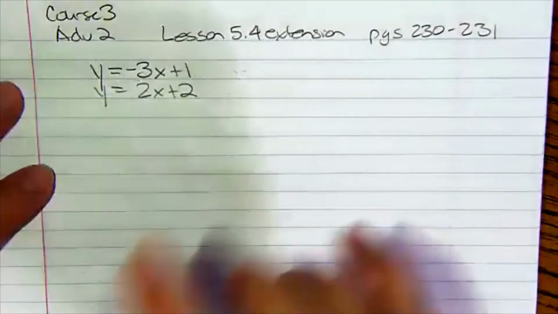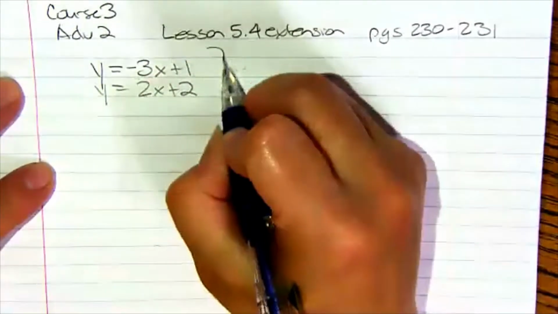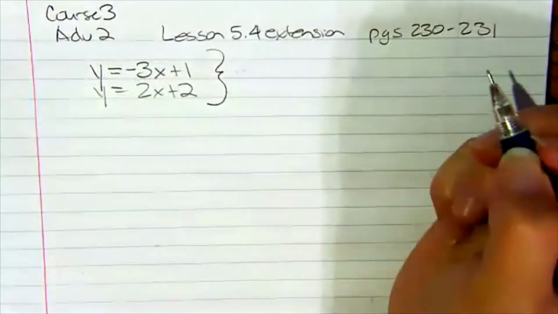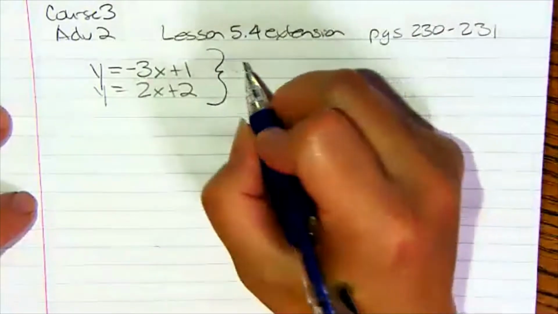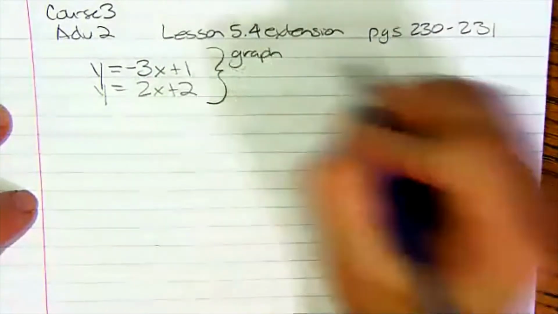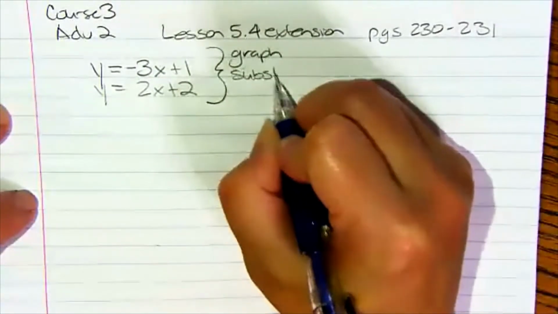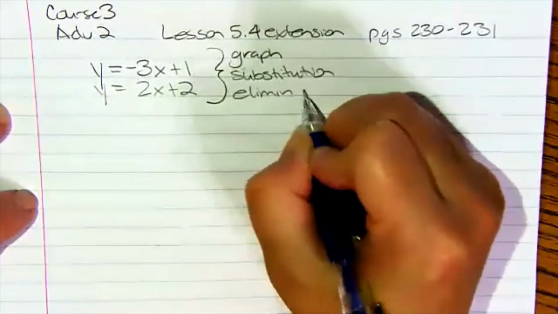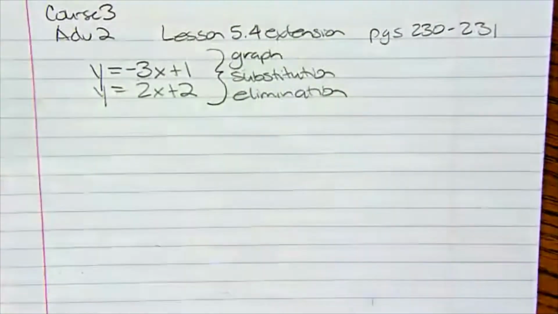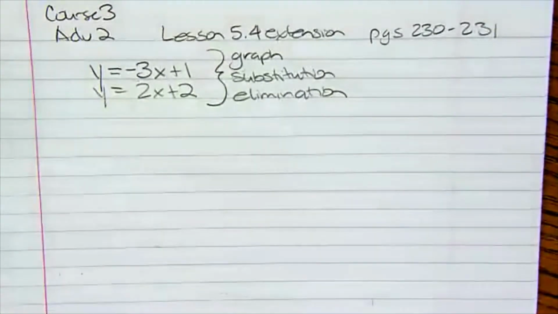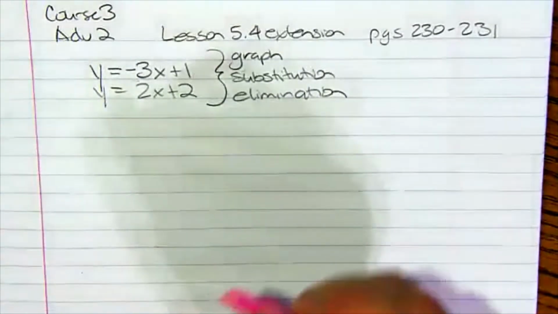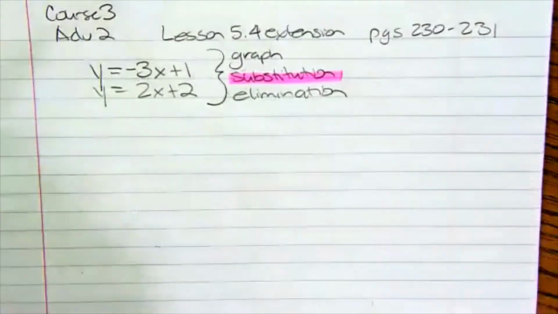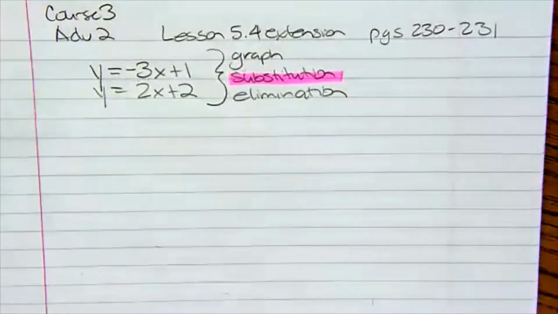But we know that when we have a system of equations like this, we've got 3 ways to solve that system. We can graph, we can use substitution, or we can use elimination. And right now, I want to focus on what substitution looks like.